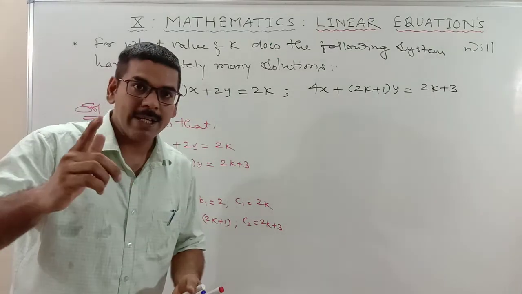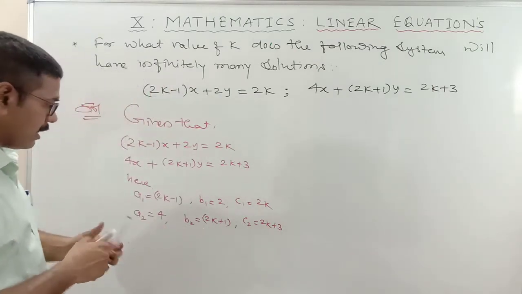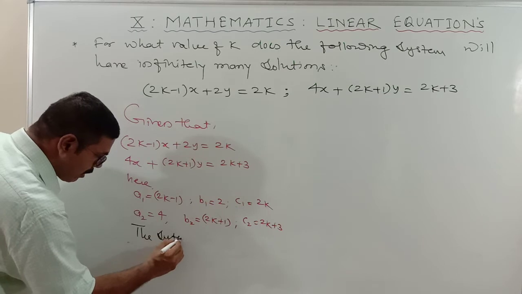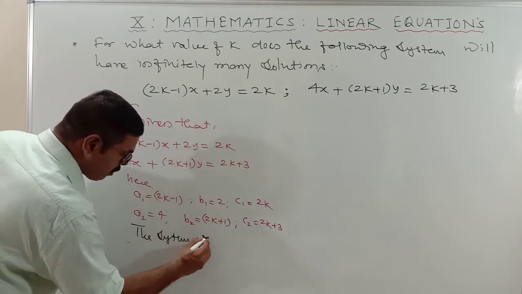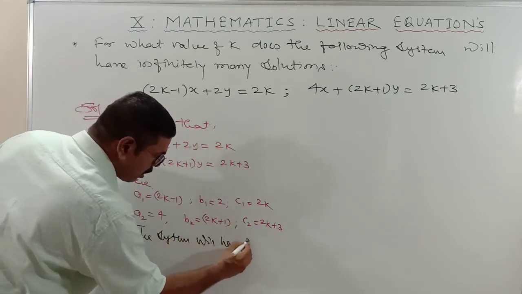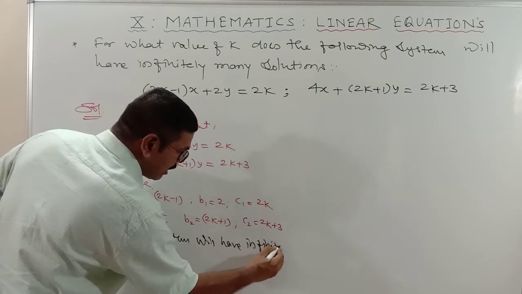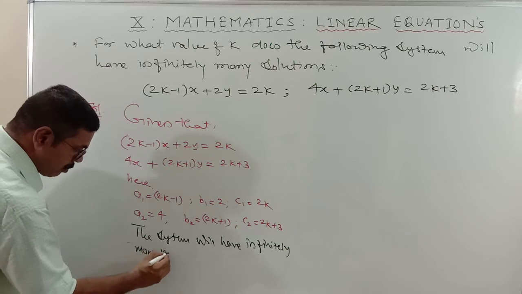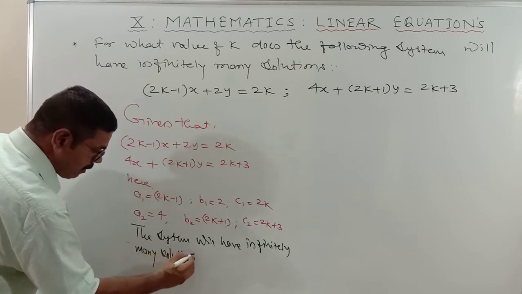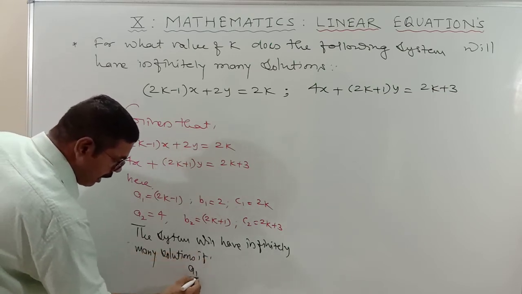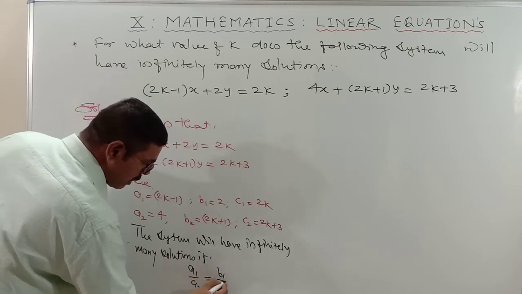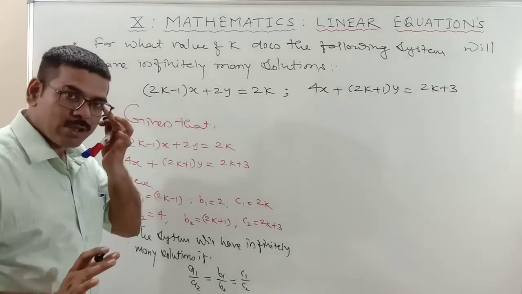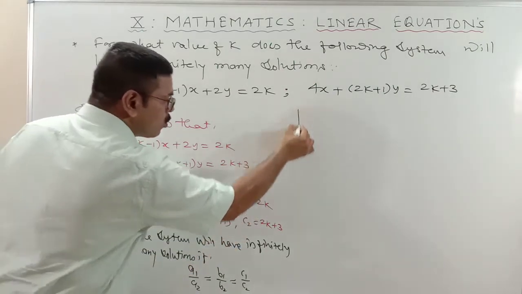The system will have infinitely many solutions if A1 upon A2 is equal to B1 upon B2 is equal to C1 upon C2. I hope it is clear to you all.